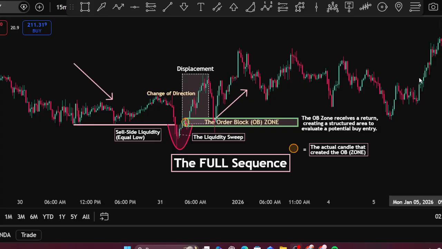Okay, so this is the full sequence of all of the steps to get into the market, to trade. Once the liquidity is taken, the market often follows a very specific sequence. It's not always perfect and it's not always the same.